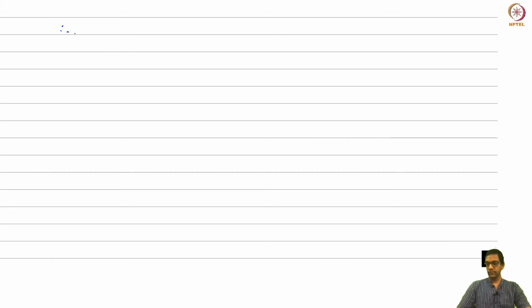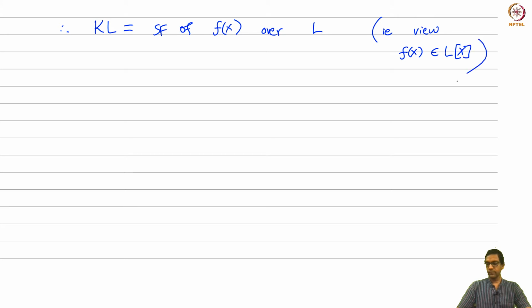In other words, this is exactly what you would call the splitting field of this polynomial F(x), but thought of as a polynomial with coefficients in L. When I say it's a splitting field of F(x) over L, what I mean is you just view this polynomial, since it has rational coefficients, as having coefficients in L, because L is bigger than Q. And the splitting field over L is really L adjoined the n roots. So that's exactly the composite. So all this is just definition, more or less.